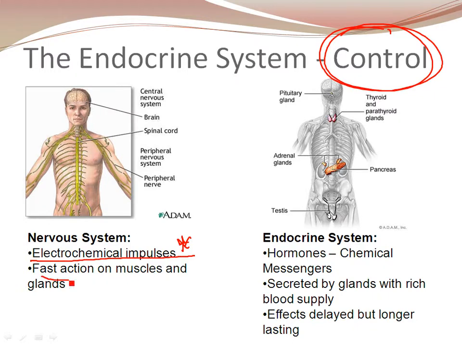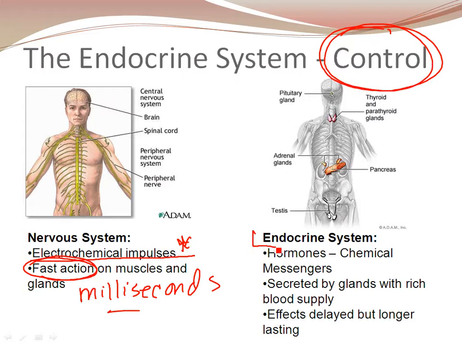And another key feature of the nervous system, fast acting. So when the nervous system decides to do something for you, those effects can occur within milliseconds. Like think about your heart rate increasing due to stress. That happens almost immediately without you thinking about it.